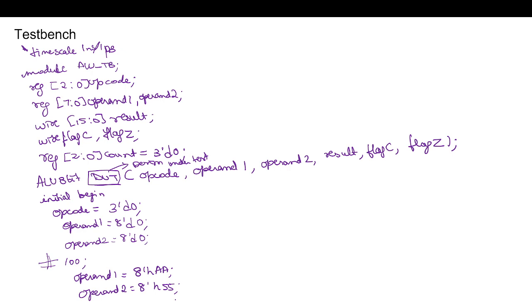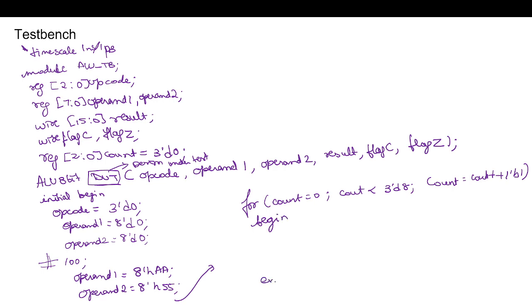Now with these two operands, we wish to perform all the operations. So the opcode should be from 000 to 111. So instead of writing it with a delay and everything, we can write inside a for loop, for count equal to 0, count less than 3'b8 (8), count equals count plus 1, then begin, and then end.